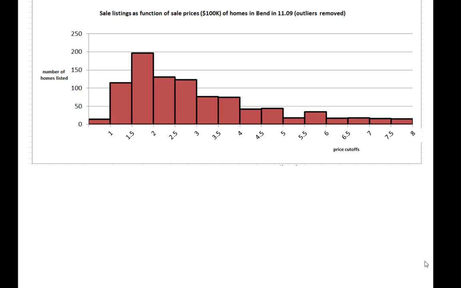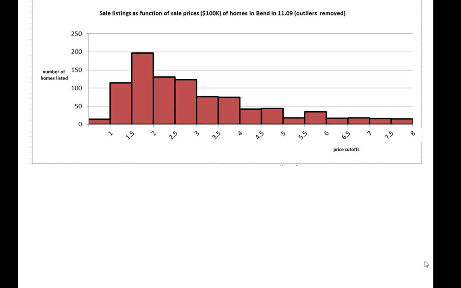Now, it's a little bit weird to look at the data. I tried to make it not crowd the horizontal axis too much, but those numbers down there are in hundreds of thousands of dollars. So $100,000, $150,000, $200,000, $250,000. The height of the bar shows how many houses I got in the sample that are between those prices.